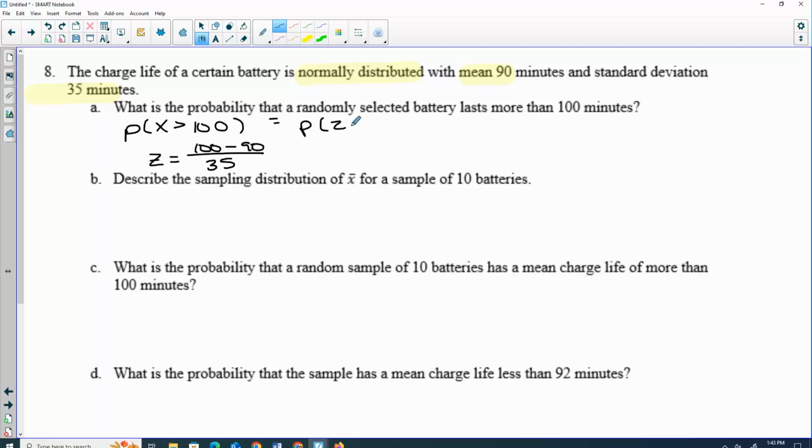So that means Z is greater than 0.29. How do we do greater than? 1 minus, and then look up 0.29.